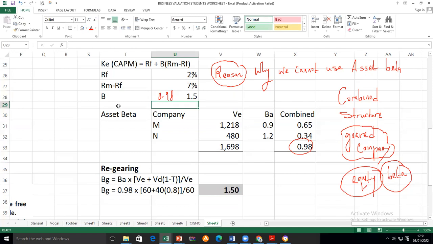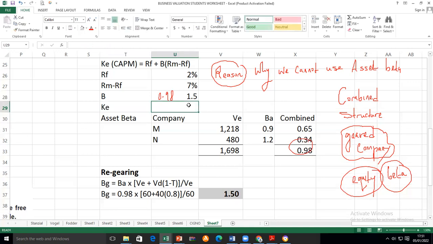With this now, you can calculate the cost of equity. So the cost of equity, now we can calculate it. Okay. So it is 2 plus bracket 7 times 1.5.